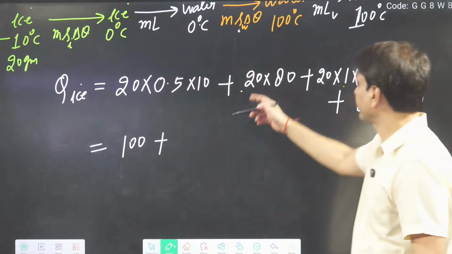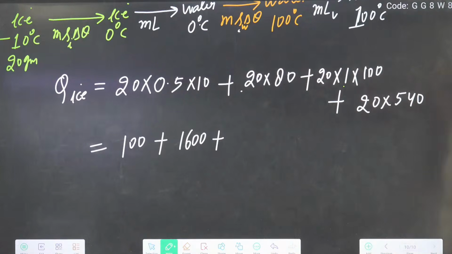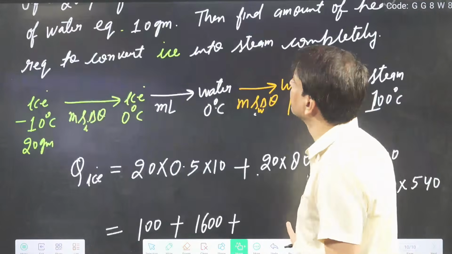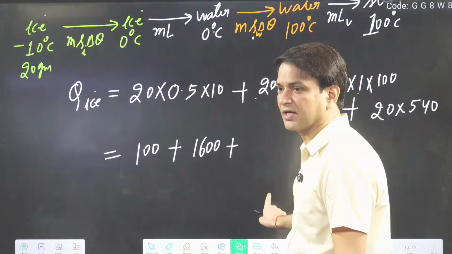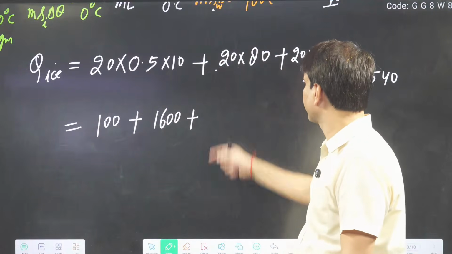Here what we got, 8 into 16 means 1600. Anybody got? No, mass I gave 20 gram, na? Water equivalent I gave 10 gram, mass of ice is 20. So mass of ice I am writing here. So then here we will get 1600.